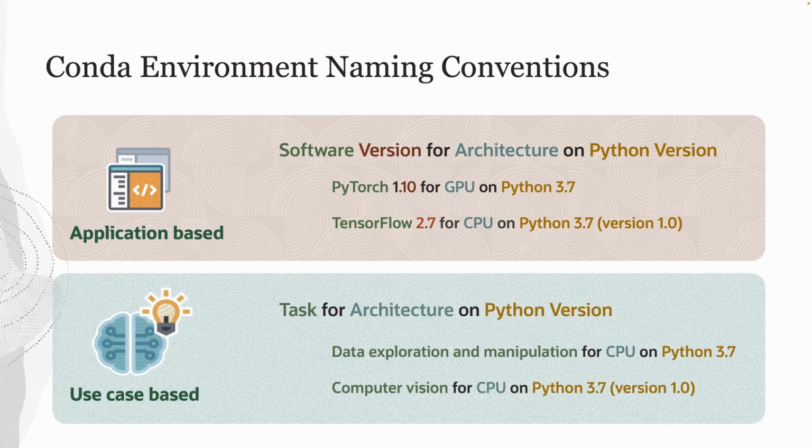For use case-based Conda packs, the naming convention is the task for an architecture on a Python version. For example, data exploration and manipulation, that's the task, for CPU, the architecture, on Python version 3.7. Some older Conda environments do not follow this convention.